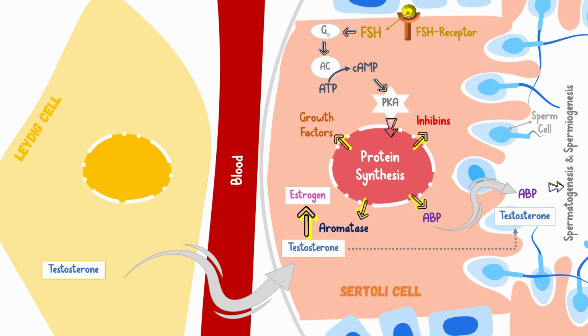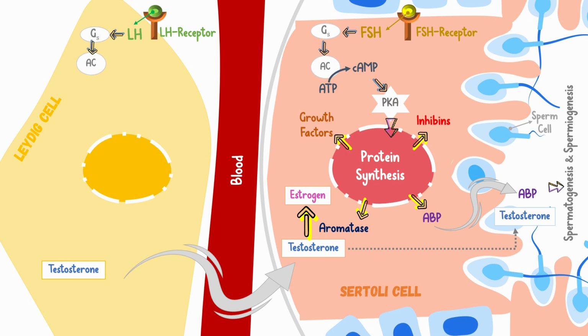So, what exactly happens here in the Leydig cell is that the luteinizing hormone secreted from the anterior pituitary binds to the specific high-affinity cell surface receptors of the plasma membrane of Leydig cells. This receptor is actually a G-protein-coupled receptor, and binding of LH here stimulates the adenylyl cyclase, or AC for short.